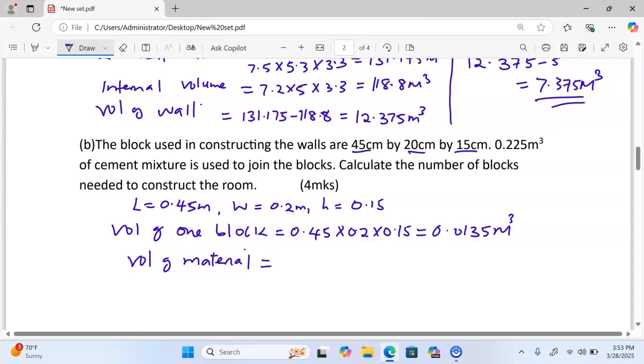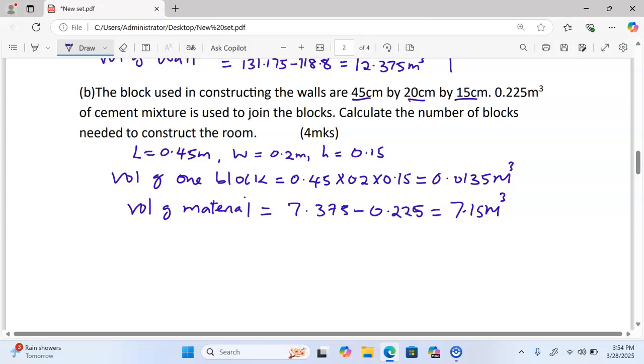And in this case, the volume of the material will be 7.375 minus cement of 0.225. This one gives us 7.15 meter cubic.